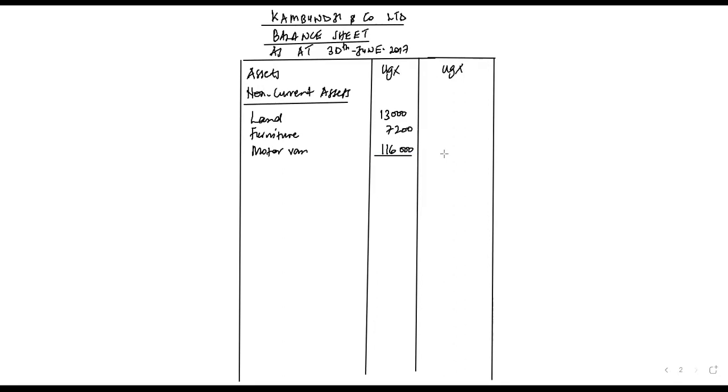So we add and get their total. So 13,000 plus 7,200, then plus 116,000. This gives us 136,400.